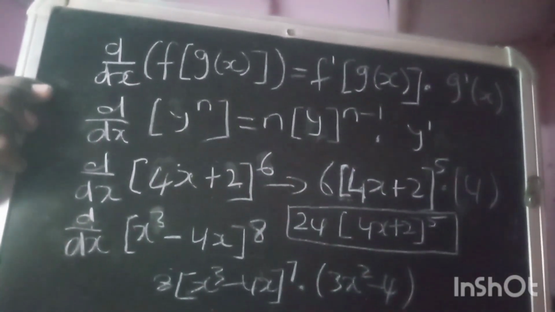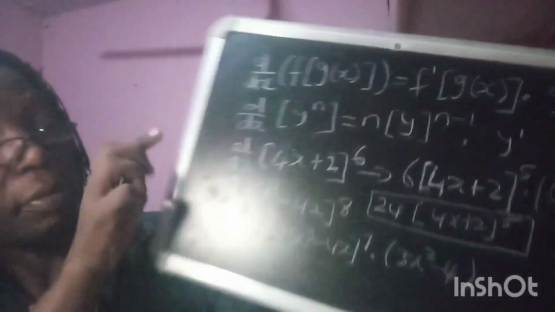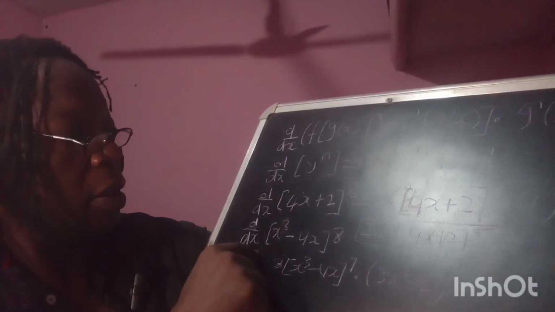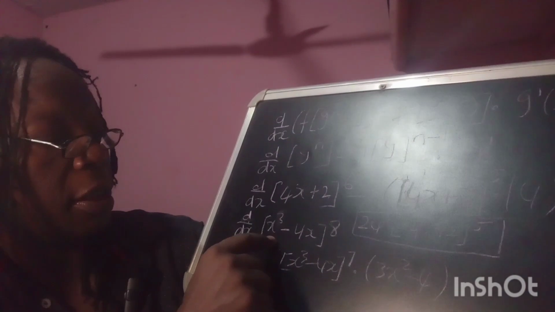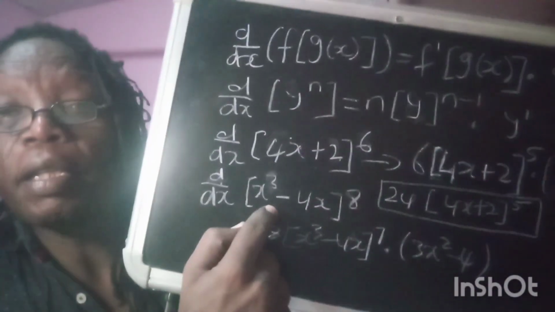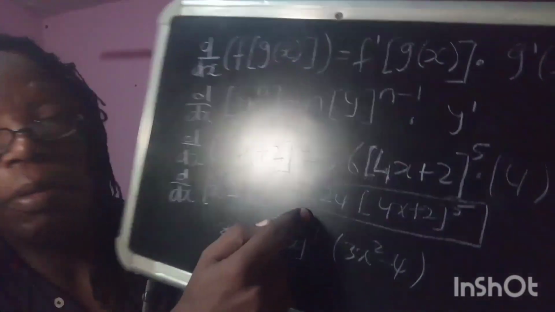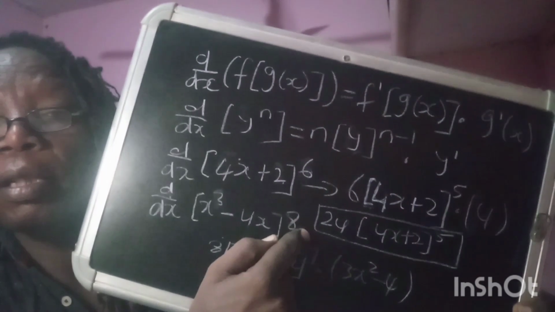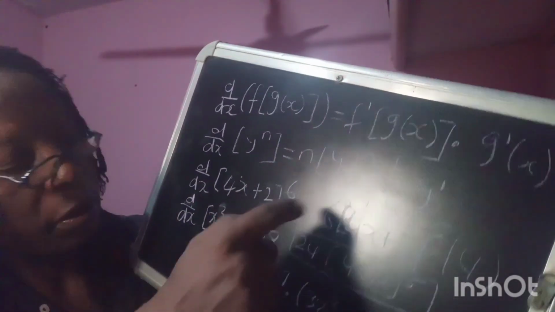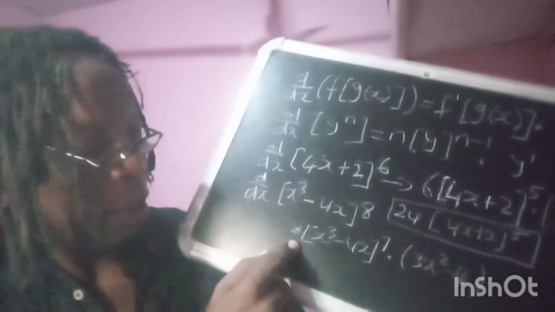Okay, so we are taking another example, this one. Let me check it out. D over dx of x to the power 3 minus 4x, which is this one, all to the exponent 8. So according to this formula, 8 is going to come in front here.